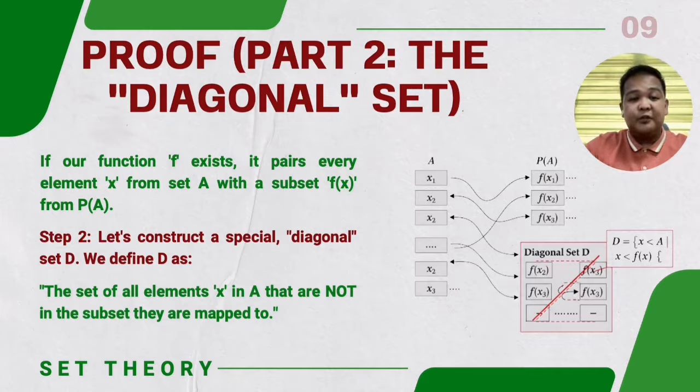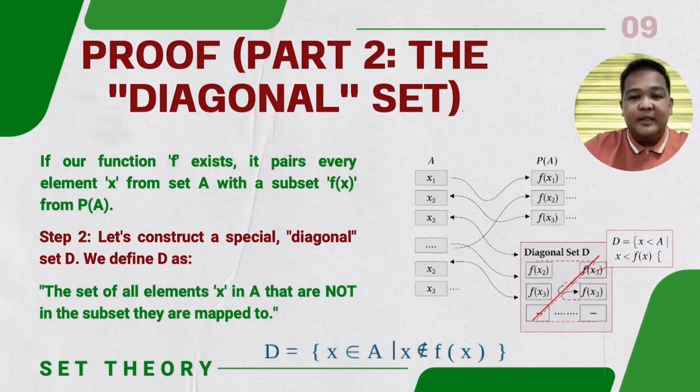It is made up of elements from A that do not belong to their corresponding subsets in P(A). This means if x is an element of D, then x is not in f(x), the subset it maps to. It's like creating a set that specifically avoids its own elements. This setup leads us to explore further in the next part of the proof, where we will see how these clever constructs bring us to a contradiction.